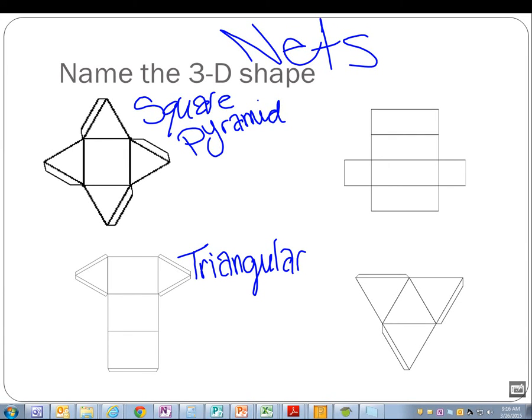Beautiful. It has 5 faces, and 2 of those faces are triangles, and this one could be the base. And if I were to put it 3-dimensionally, it'd be like this.